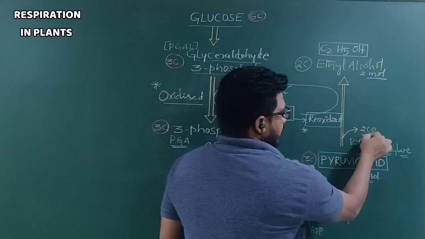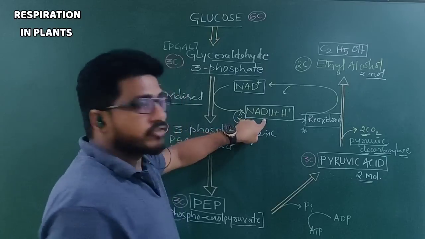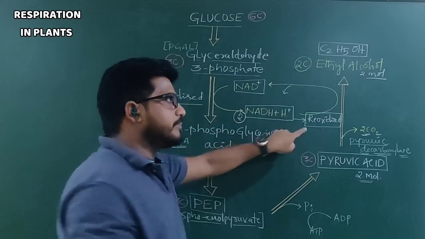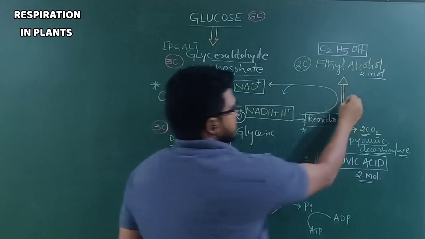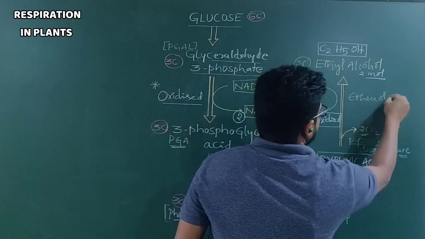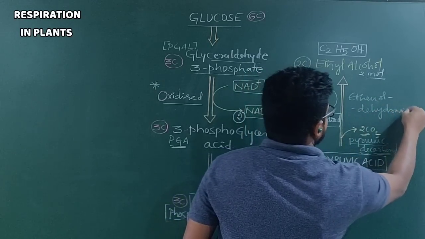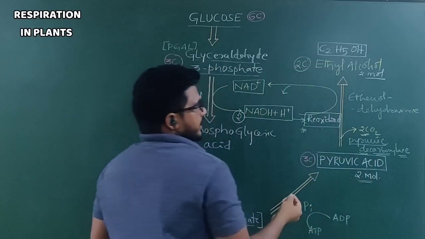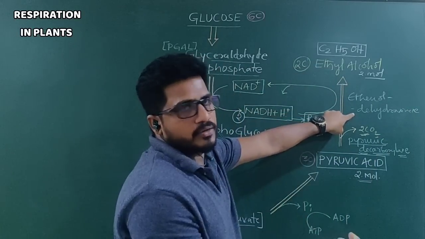So carbon dioxide is removed by this enzyme, and here also NADH2 will be reoxidized. What is that enzyme? Again, ethanol dehydrogenase. Another enzyme. Ethanol dehydrogenase. So to form ethanol, the enzyme should remove the hydrogen.